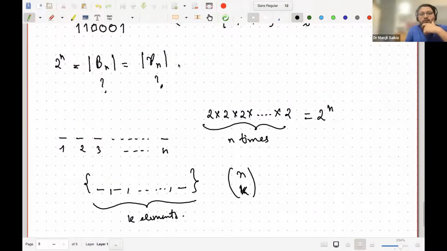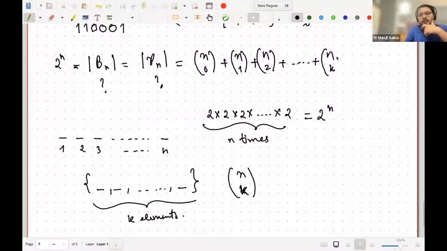And in total, we can do this in this many ways: n choose 0, n choose 1, n choose 2, and so on, up to n choose k. Sorry, up to n choose n. This is giving all the possibilities for 0 element subsets, this is giving all the possibilities for 1 element subsets, this for 2 element subsets, and so on, up to the final term, which is giving you the possibilities for n element subsets.